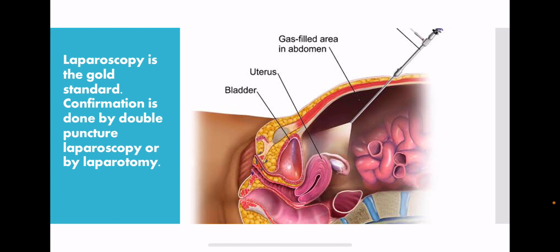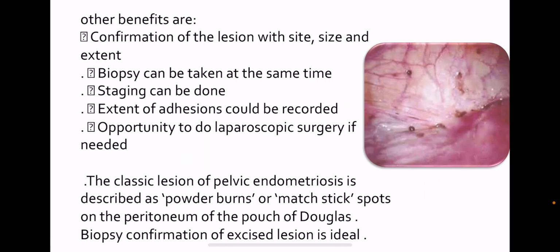Confirmation is done by double puncture laparoscopy or by laparotomy. The other benefits of doing laparoscopy are confirmation of the lesion with the site, size and extent. The site, size and the extent of the lesion can be confirmed by laparoscopy.